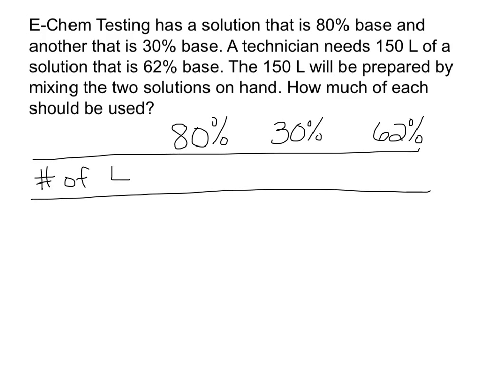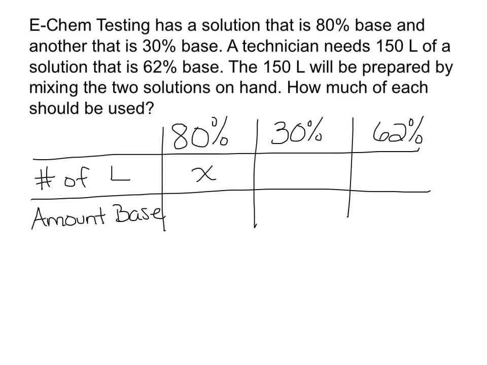The second row I'm going to let be the amount of base. The number of liters for 80%, 30%, 62%, you want to let one of the 80 or the 30 be x and the other one be y. It does not matter which one you label as x or y.